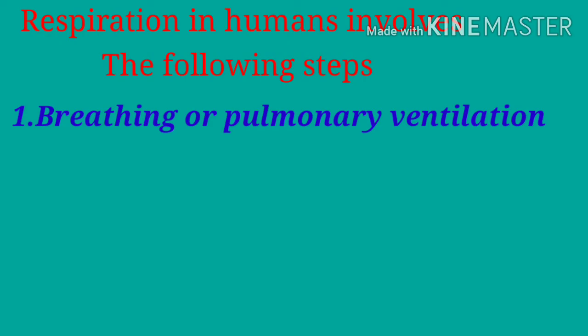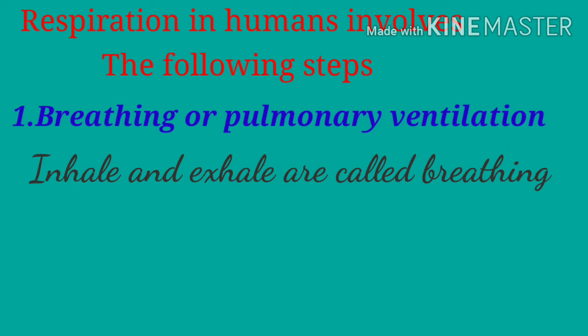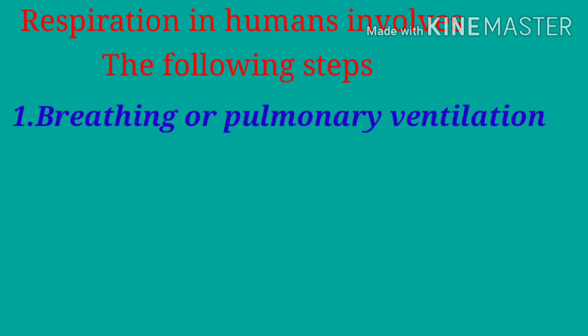Respiration in humans involves the following steps. 1. Breathing or pulmonary ventilation. Inhalation and exhalation is called breathing. In this process, atmospheric air with oxygen is drawn into the alveoli. At the same time, carbon dioxide is sent out.